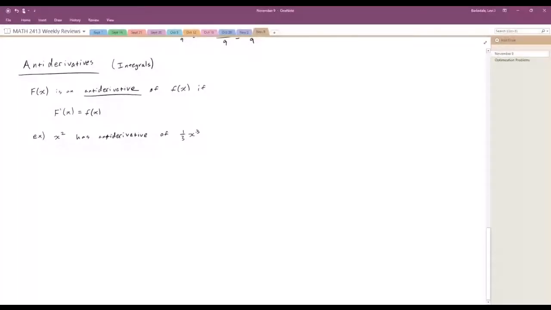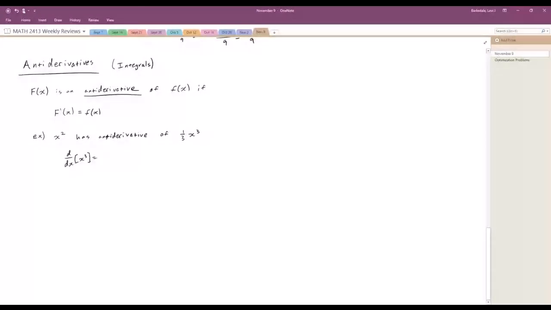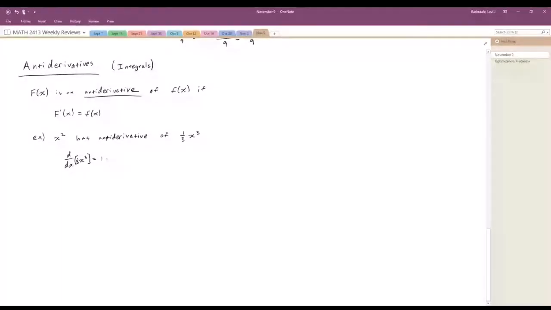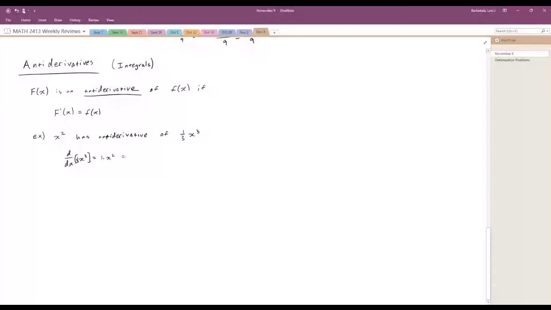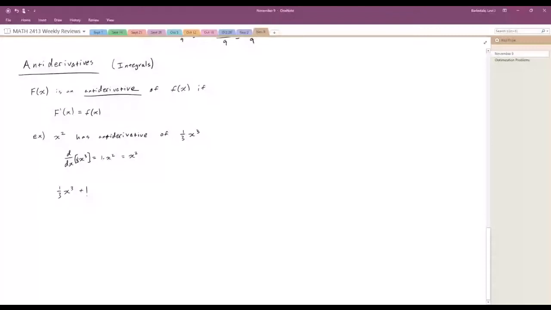Because if we took the derivative of 1/3 x cubed, you would get 1/3 times 3 is 1, and then we would decrease the power by 1, and we would get x squared. So 1/3 x cubed is an antiderivative of x squared. Similarly, we could even do that 1/3 x cubed plus 1 is an antiderivative of x squared.